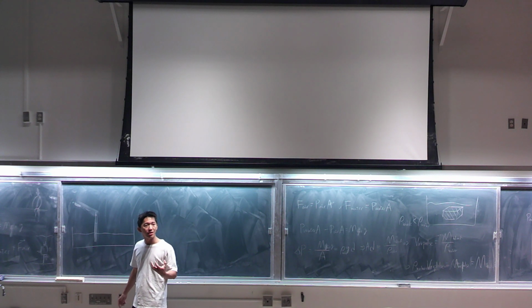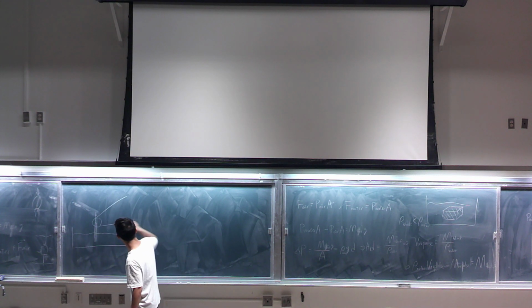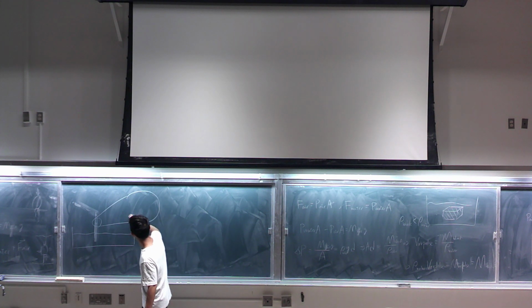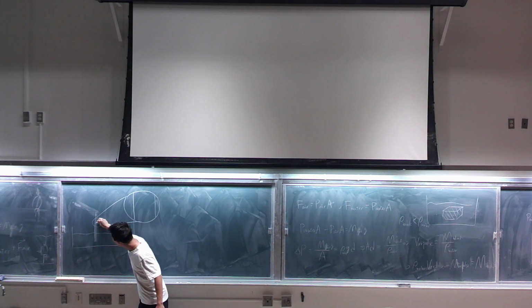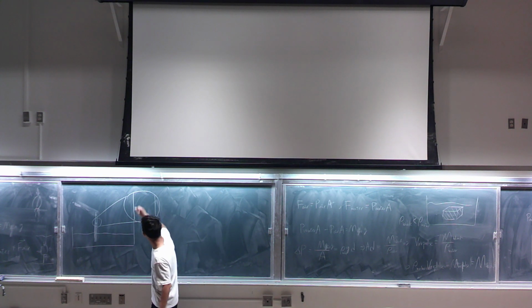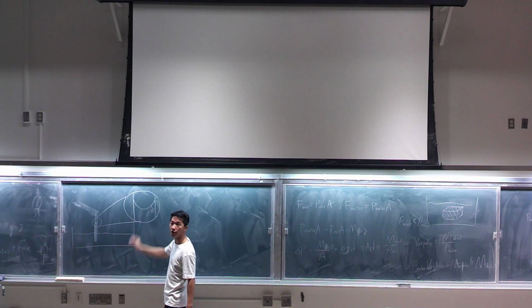The reason this happens is because if you look closer at the interface, the surface of the water has a curvature, bending like this. You have an angle theta. This is the angle between the surface of the water and the wall of the tube.